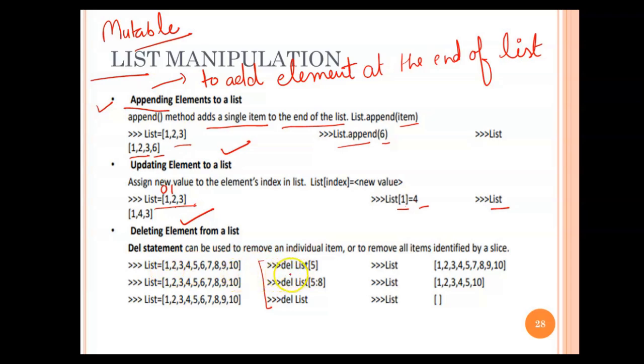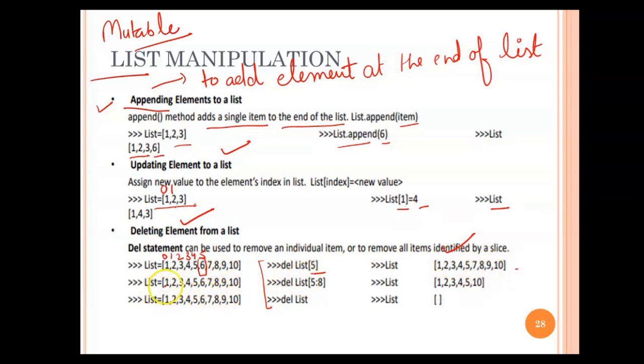If you want to remove the element at a particular position or index, here we are removing the element at position 5. Position 5 is 0, 1, 2, 3, 4, 5, so we are removing the element 6. When you check the final list, it is 1, 2, 3, 4, 5, and 6 is removed, then 7, 8, 9, 10.